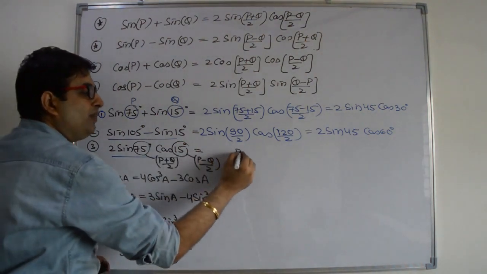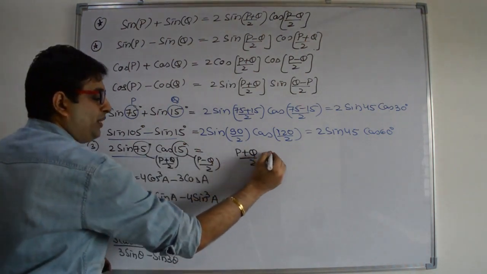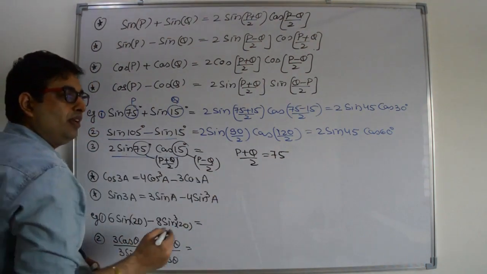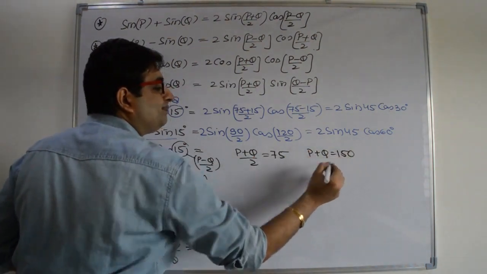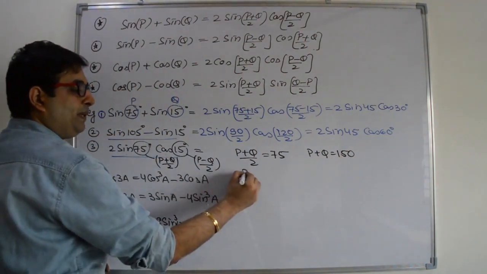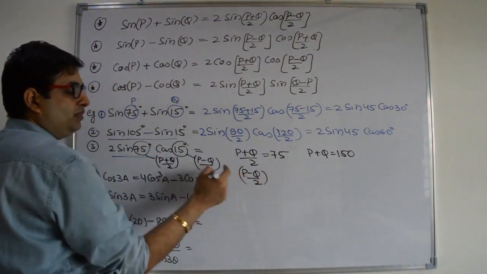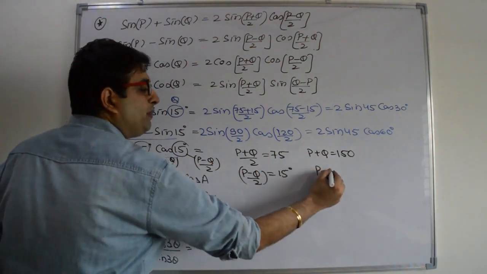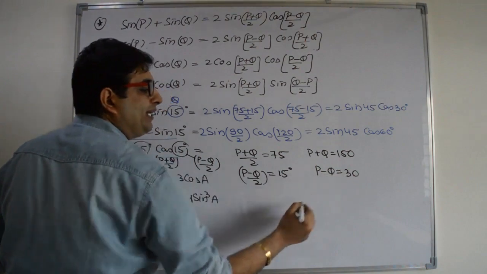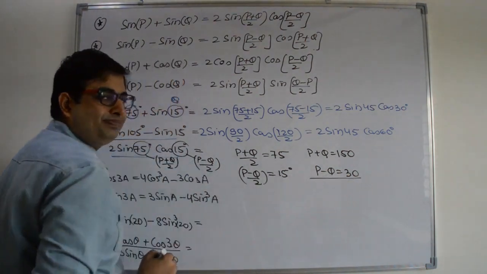Right? Now I will say P plus Q divided by 2 is 75. And P plus Q will be 150. Similarly, P minus Q by 2 is 15 degree. So P minus Q is 30 degree. Add these two.